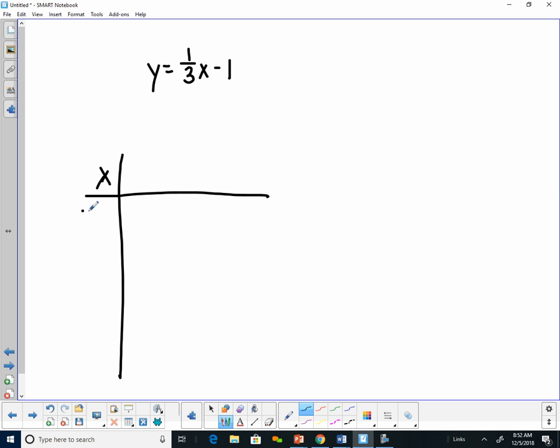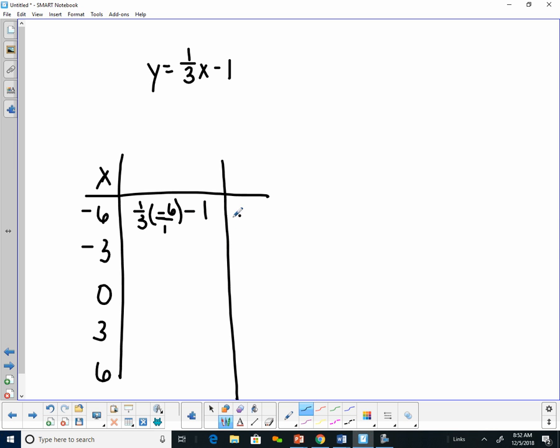So here, I might use -6, -3, 0, 3, and 6. That way, when I multiply 1/3 times -6 minus 1, remember, I want to make that a fraction. So this looks like -6/3, which is actually -2, minus 1. So that would actually be -3 as an answer, and then I would do my ordered pair.